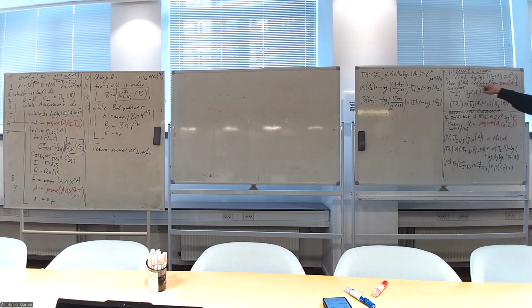Then prune will return a subset A prime of A for which two things hold. That A prime is thick, so it has no bad right-hand side strings for any coordinate I that is still live, and when we prune, we do not lose the density too much. What's the density?